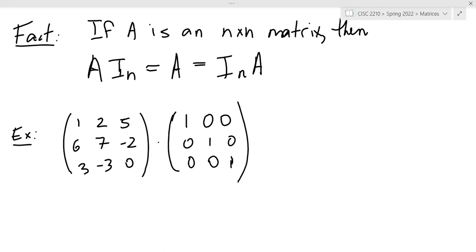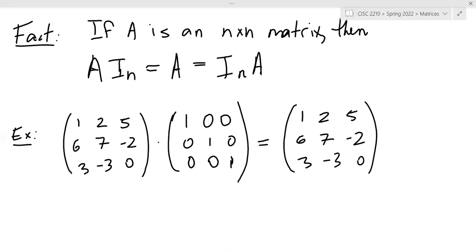That is the identity matrix. If we do the multiplication, I'm not going to bore you with the steps, but try it out on your own, and you'll see that you come out with 1, 2, 5, 6, 7, negative 2, 3, negative 3, 0.